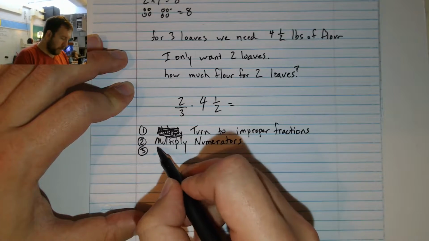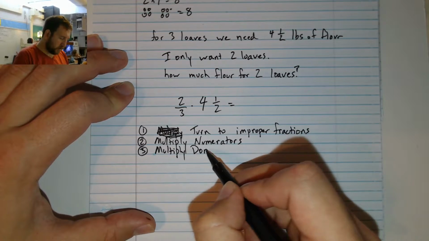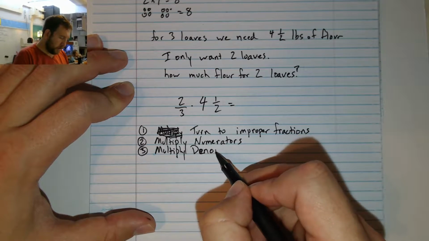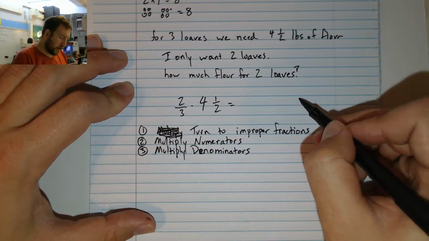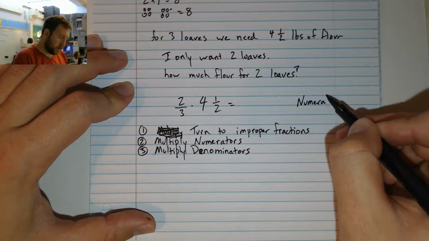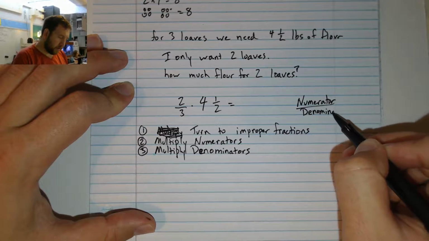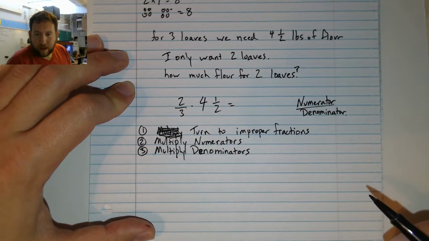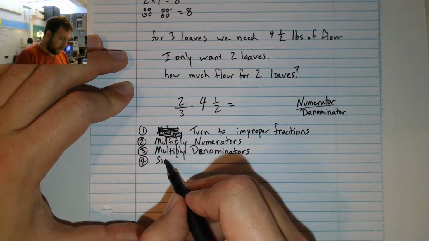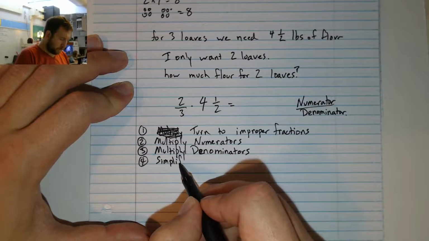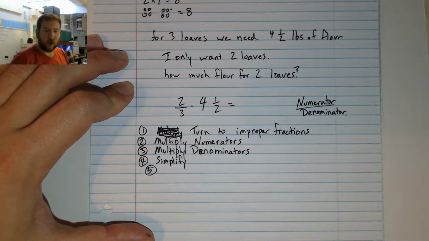Step 3, multiply denominators. Recall that the numerator is on top of the denominator. Then we simplify. And you may need to do step 5, and you may need to rewrite as a mixed number.